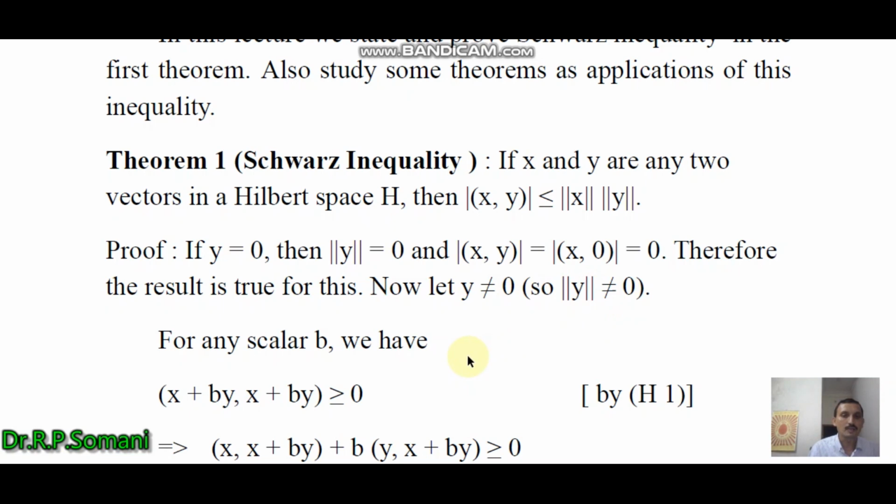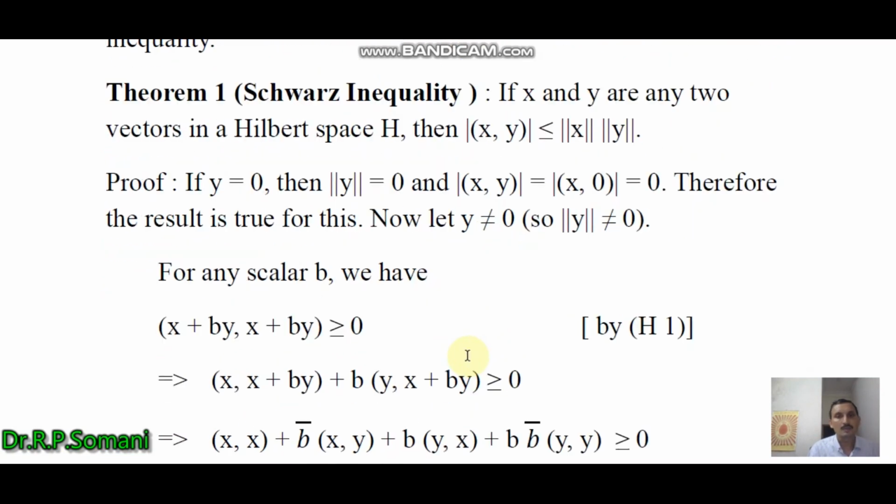Then for any scalar b, by the property of the inner product, we have the inner product of x plus by, x plus by is greater than or equal to 0, where b is some scalar we will choose later on.